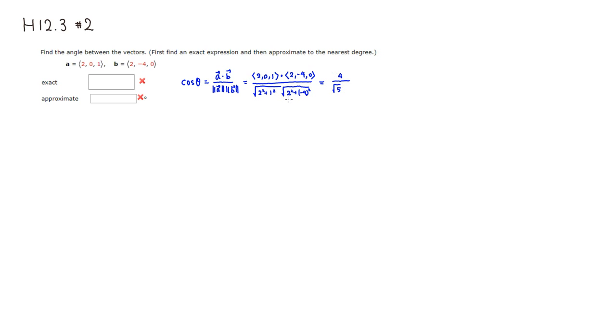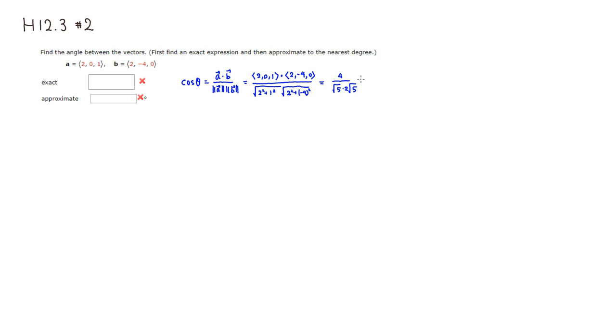And 2 squared is 4, and -4 squared is 16, so it's a square root of 20. So square root of 20 is 2 square root of 5.